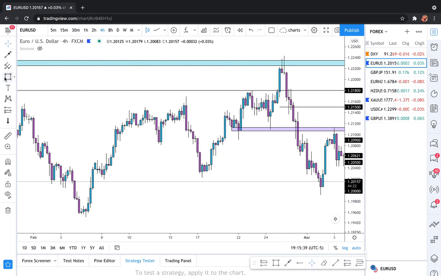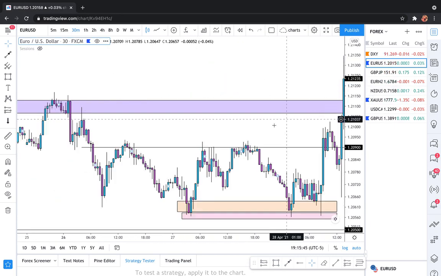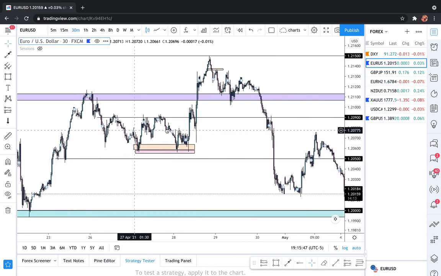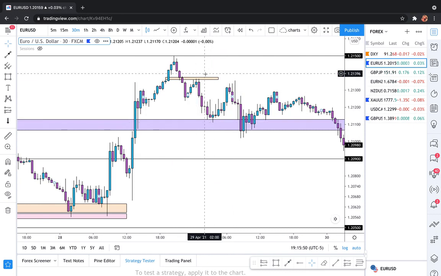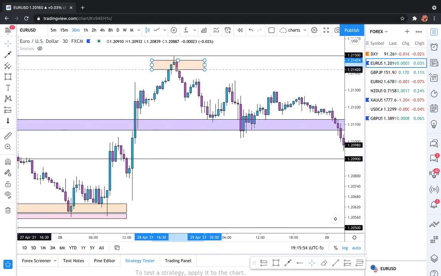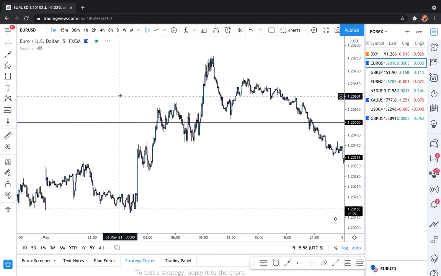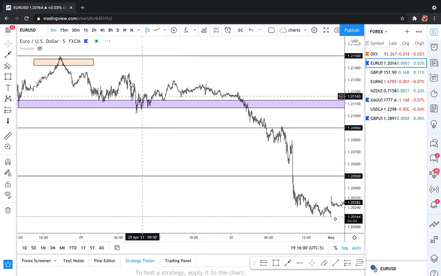And then as well, when you're dropping down to the lower time frames, what you can do is, when you're at that lower time frame, even the 30-minute or the 15-minute, whatever time frame you like to enter on, that's completely fine.